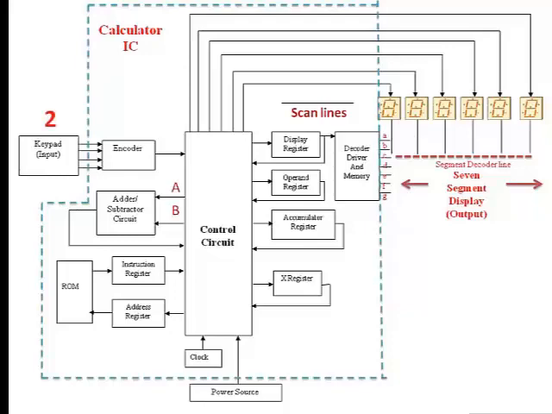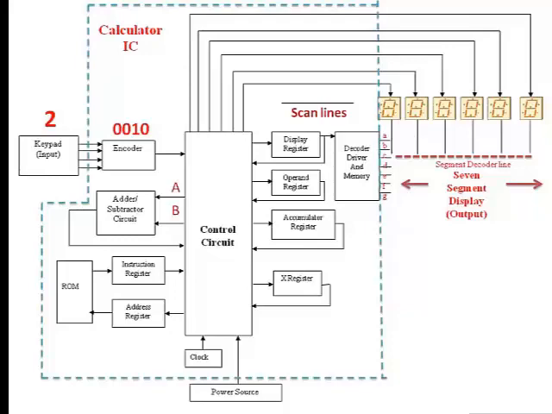As we press the key 2 on the keypad, the encoder circuit translates decimal number 2 into a binary number 0010.